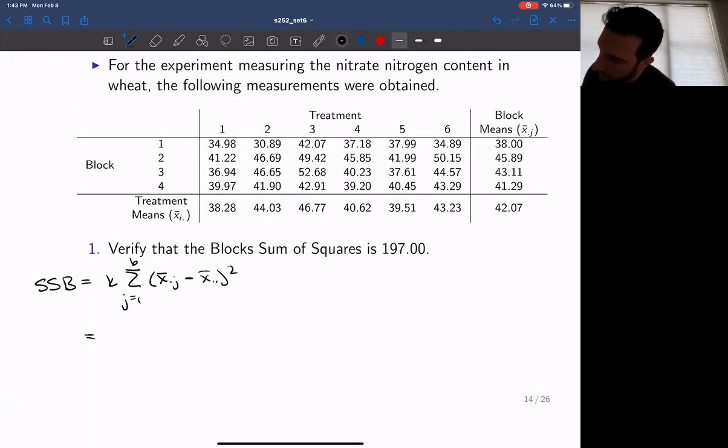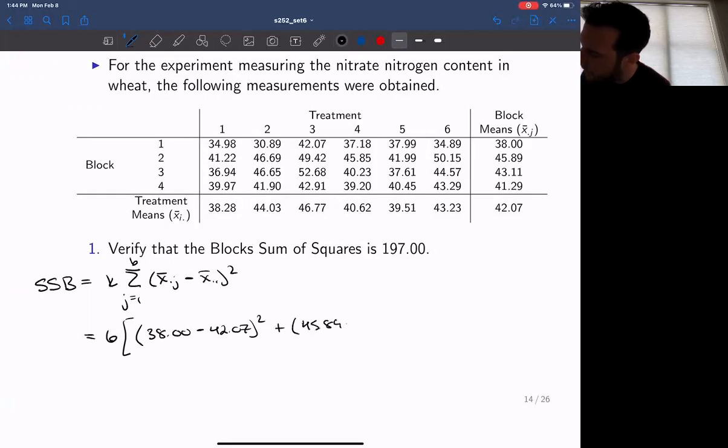Okay, so this is going to be 6 multiplied by (38.00 minus 42.07) squared plus (45.89 minus 42.07) squared plus (43.11 minus 42.07) squared plus (41.29 minus 42.07) squared.